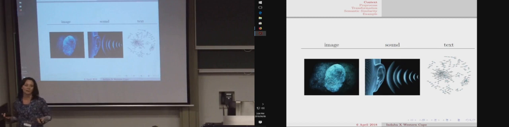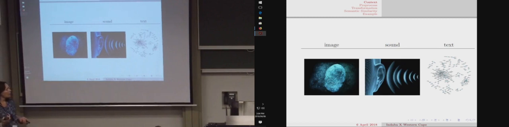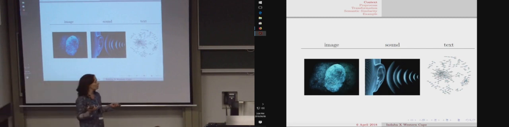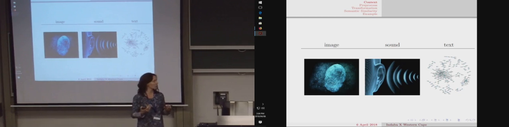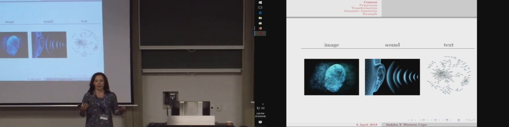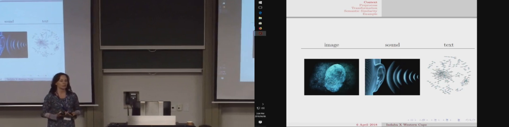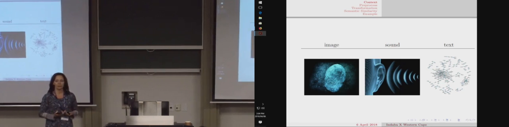So if we think of different kinds of data that we want to analyze, then image, sound, and text come to mind. Now, we as humans can interpret an image, we can interpret sound, and we can interpret natural text in a natural language. But a computer can't do that.